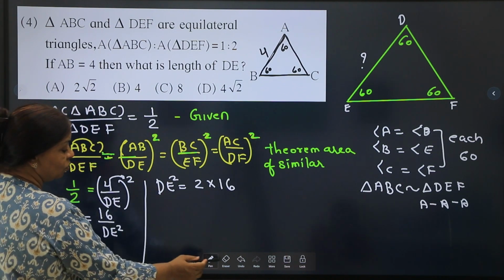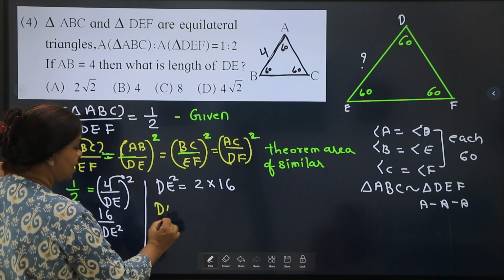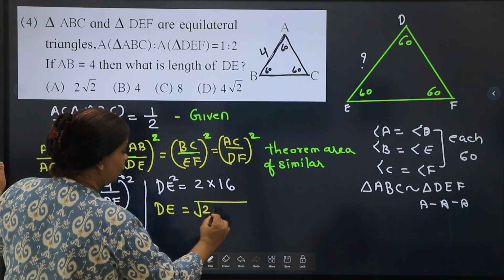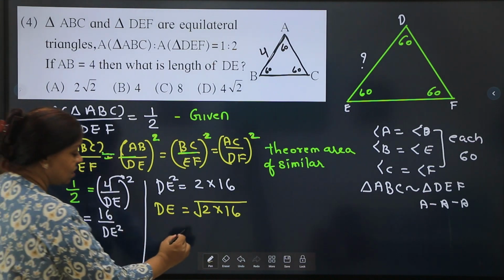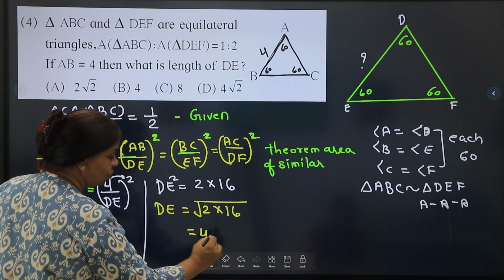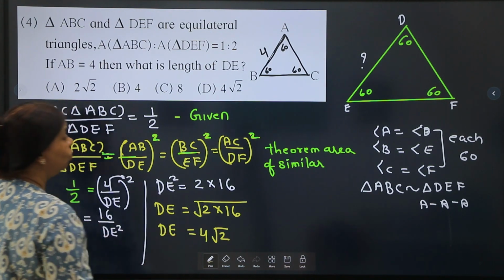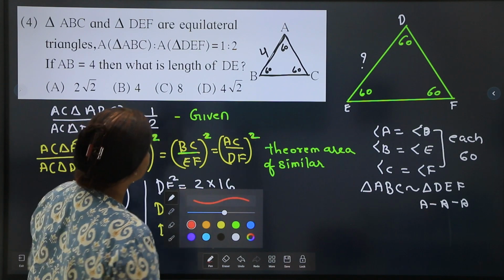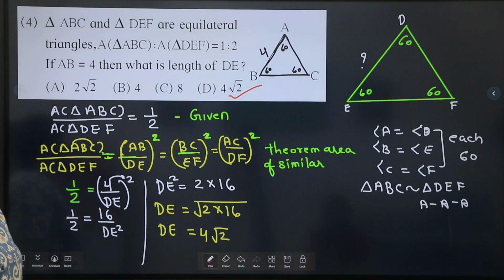So if I remove the square, in the next step DE is equal to under the root 2 into 16. Square root of 16 is 4 and root 2 will remain inside. So DE value will be 4 root 2. So the correct option will be 4 root 2. Clear? You can copy the sum.